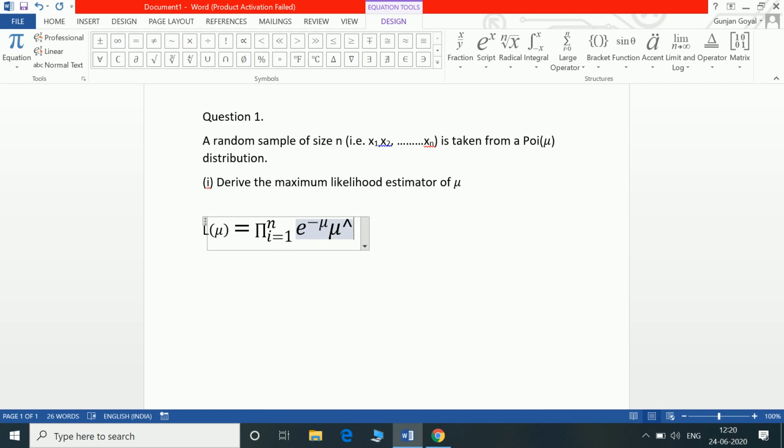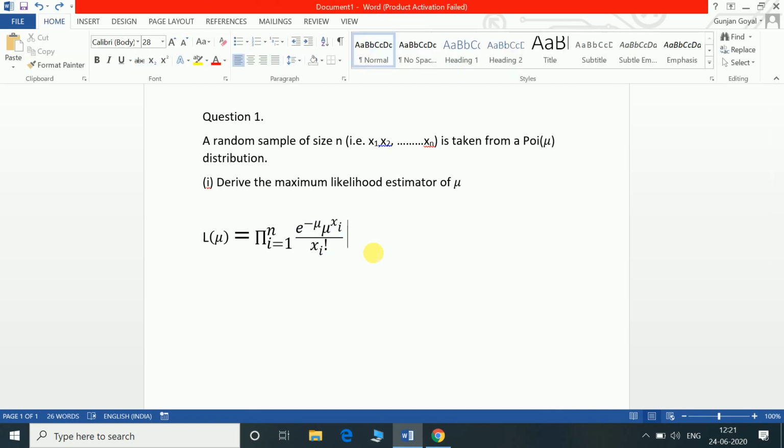See, it has converted, and now I need xi. So x underscore i for a subscript and space. Then divided by, which is a slash sign, space. It comes to this fraction, and then you can come to this box and write x underscore i, which will give me xi, and then a factorial sign, which is an exclamation mark. Okay, simple.